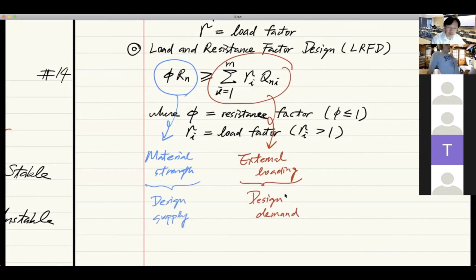So the whole concept among different design philosophies is basically to compare your supply and your demand. If you supply more, then you have more safety margin. If you reduce your design supply, of course you save money, but you have less safety margin. This is the way to look at these different design philosophies.